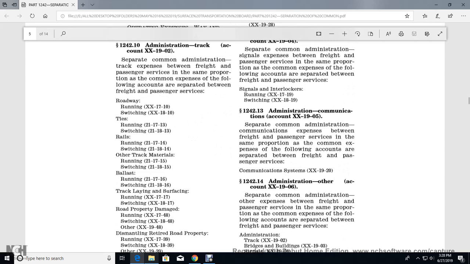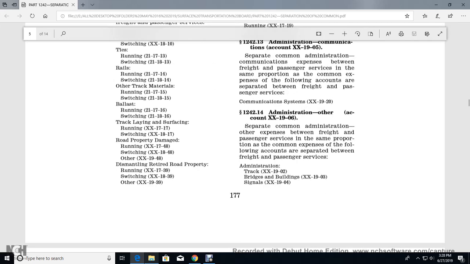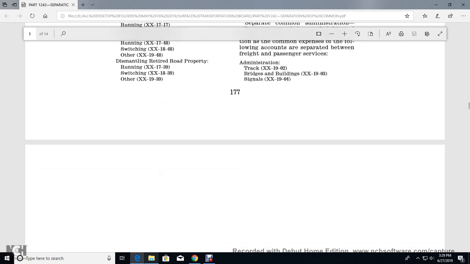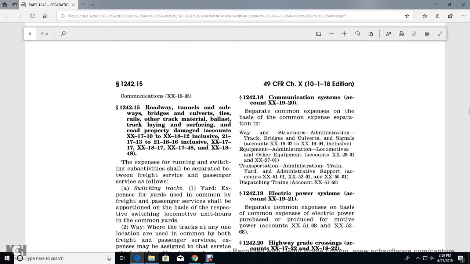The following accounts are separated with the freight and passenger service: communication system XX 1920. 1242.14, administrative of the other accounting XX 1906, separate common administration with the expense of the freight with the passenger service the same proportional common expense. The following accounts are separated between freight and passenger service: administrative of the XX 1902, bridges XX 1903, signals XX 1904, communications XX 1905.